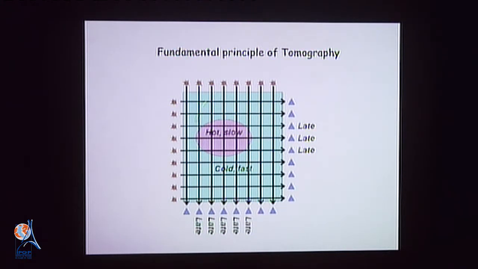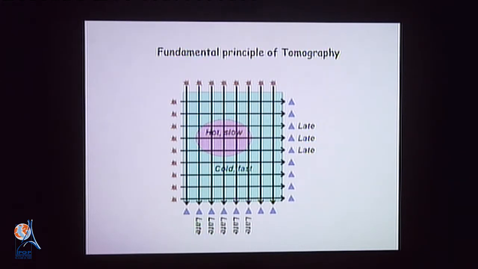You really need to have many crossing paths to be able to determine the strength of the anomaly and its geographical extent. So that's the first principle. And of course, it's a challenge in the oceans, because in ocean basins where many of the hotspot volcanoes reside, we don't have many seismic stations and we don't have many earthquakes to play with.